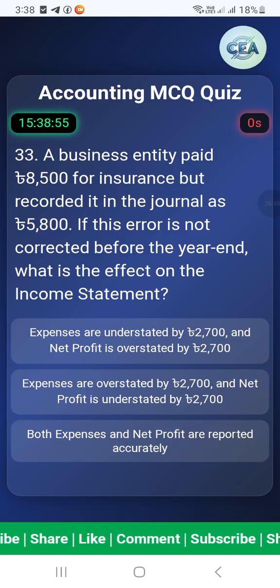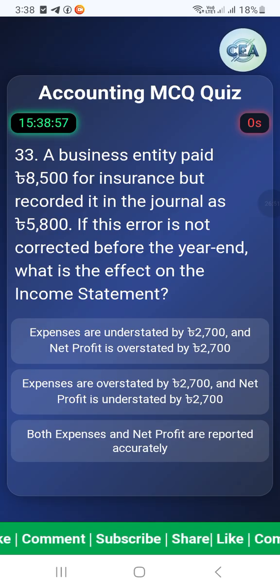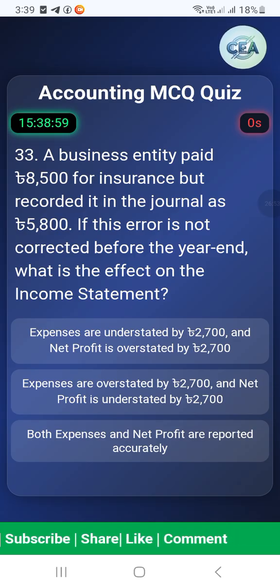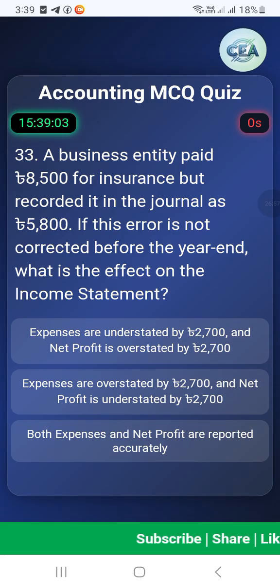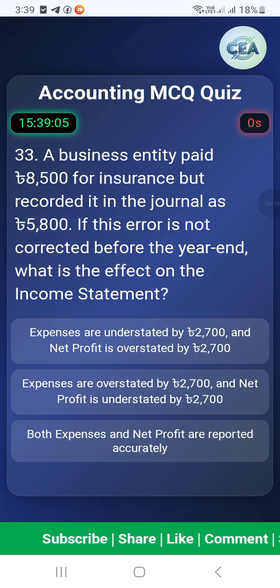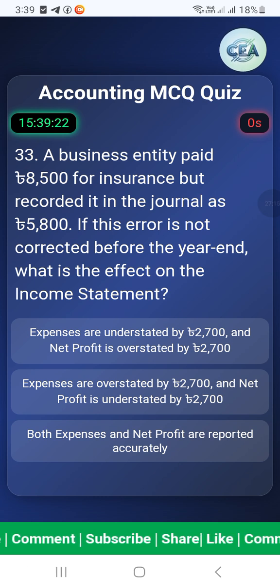33. A business entity paid 8,500 takas for insurance but recorded it in the journal as 5,800 takas. If this error is not corrected before the year end, what is the effect on the income statement? Option 1. Expenses are understated by 2,700 takas, and net profit is overstated by 2,700 takas. Option 2.